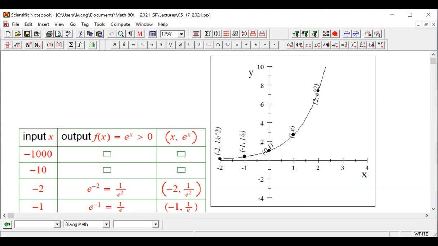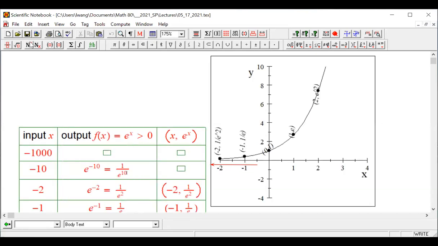So once again, let's just mention this anyway. As x gets to negative infinity, and these values, right? e to the power of negative 10 is going to be a number very close to 0, but it's larger than 0.